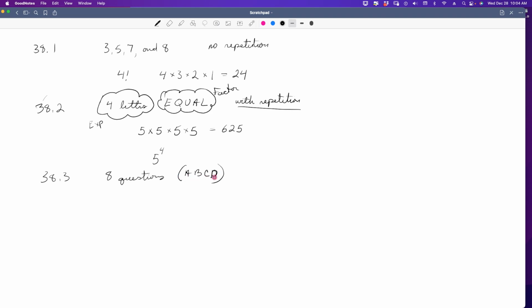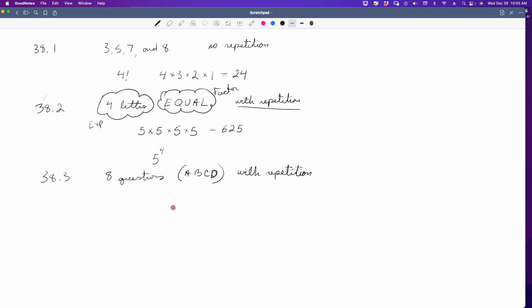You could only do them uniquely 4 times, and then you've got 4 more questions that you've got to pick from A, B, C, or D. If it's a test like this, all the answers might be A, all the answers might be B, or it's going to be a combination thereof. So this is going to have repetition in it, just by default of what type of scenario you are given. A lot of times you're going to have to infer, is it with repetition or without repetition?